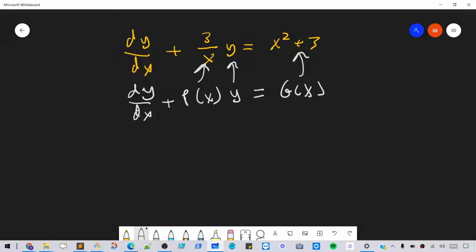So the first step we want to do is set this up so the left side is the product rule. What we're going to have to do is make a product rule in the form uy, where u is, what's it, the integrating factor?